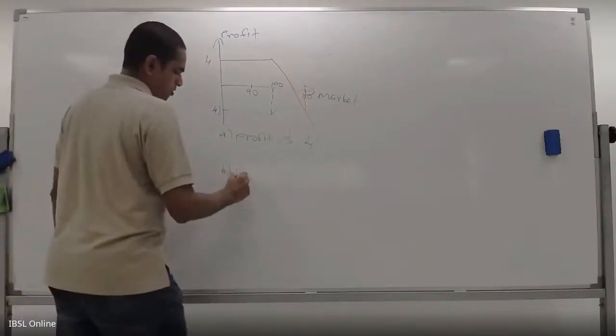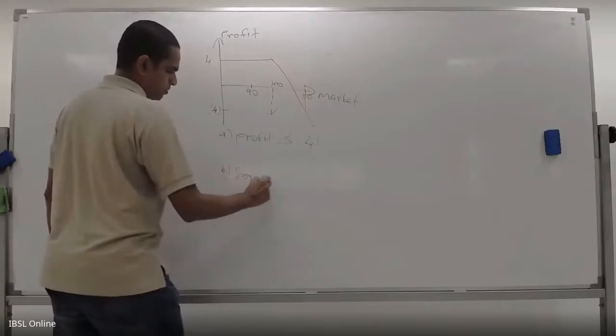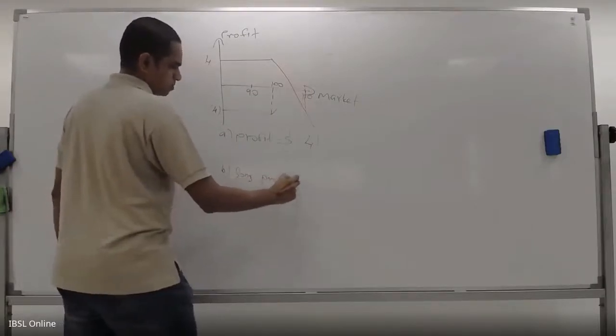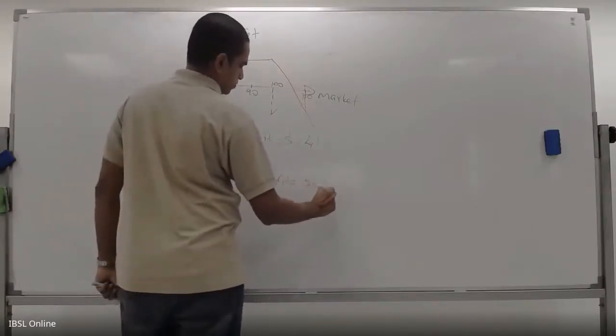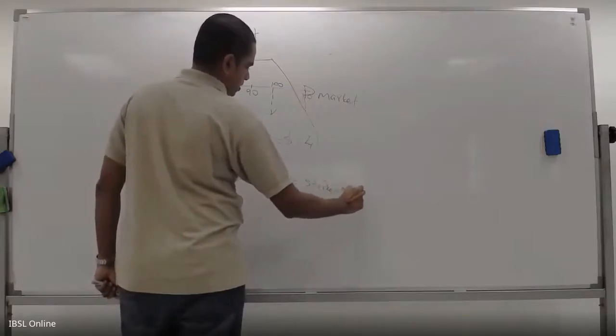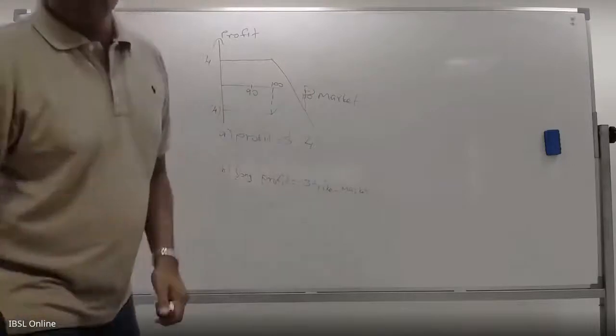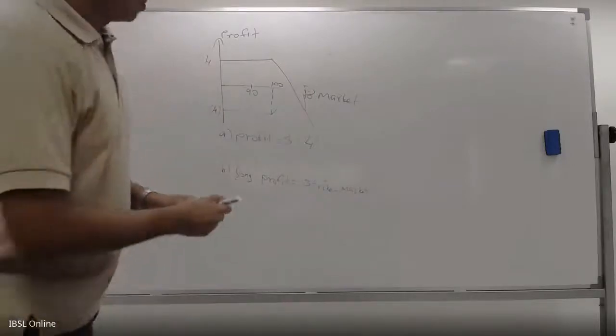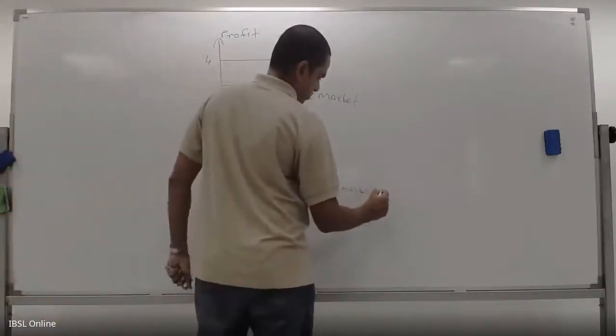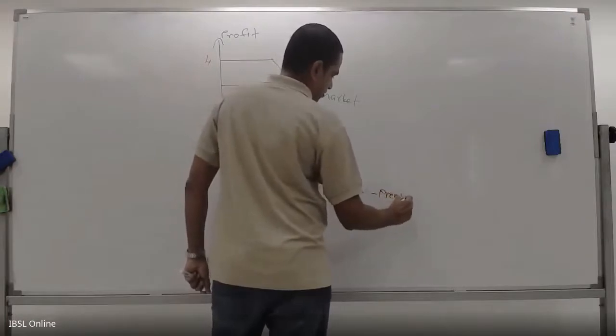So if you're long, your profit would be strike minus market minus the premium.